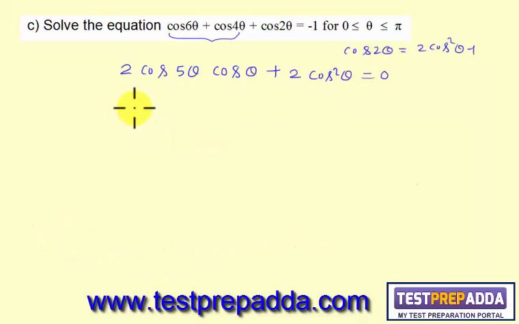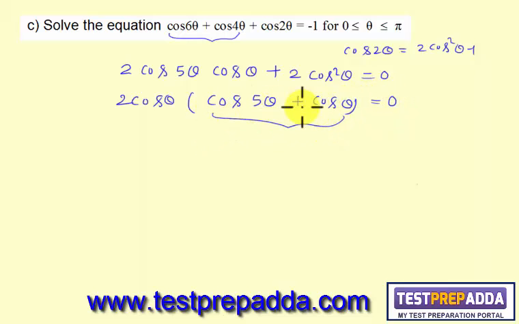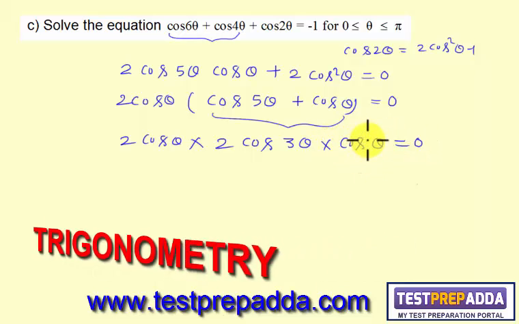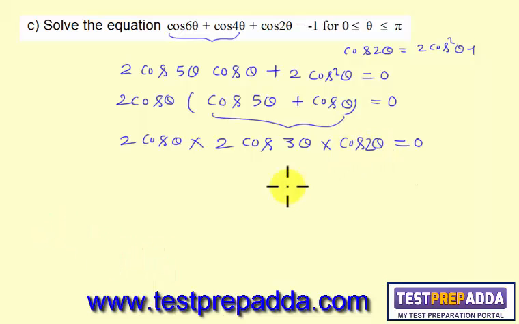Now here you can see 2 cos theta is common. Inside the bracket I can write cos 5 theta plus cos theta is equal to 0. Now again use cos C plus cos D. So it becomes 2 cos theta into 2 cos 3 theta into cos 2 theta is equal to 0.